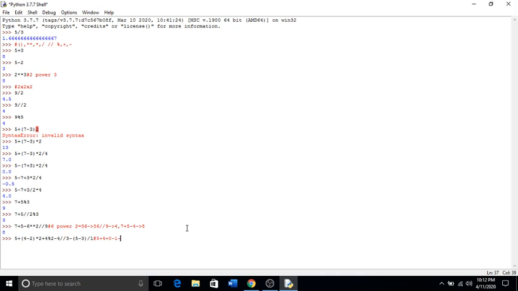Minus 5 minus 3 is 2. 2 divided by 1, so that will be 2. So the answer will be 9 minus 2, here divided by 1, so it will be 2.0, right?